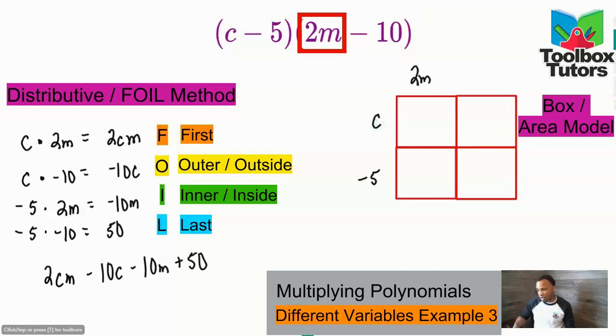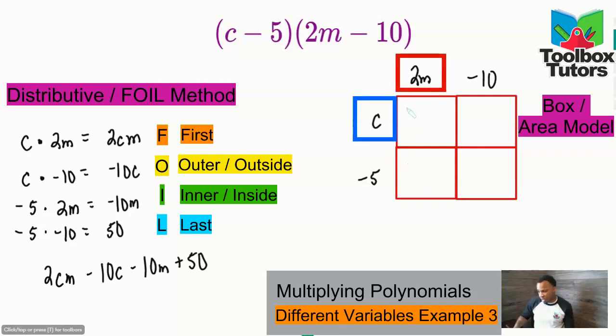So 2m would go here and -10 would go here. Now we'll take each term and multiply the terms that meet at each box. So in this first box here, we have c and 2m meeting. So we'll multiply these two together. And we have 2cm as your final answer for multiplying those two together.